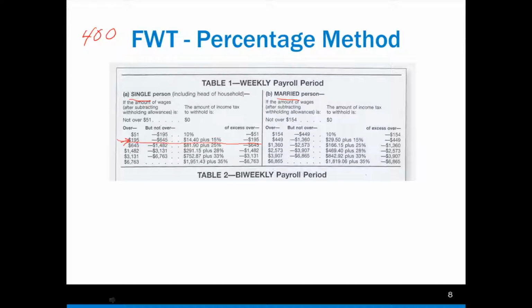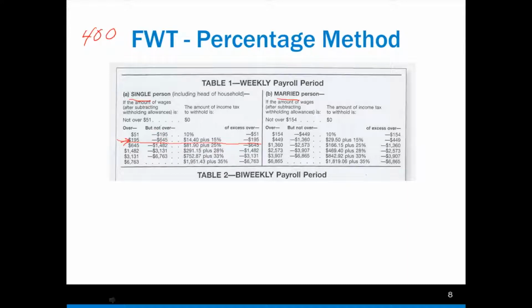Now the question might be, what if it was 645? I got paid $645 exactly. Notice that it says over 645, and it says but not over 645.